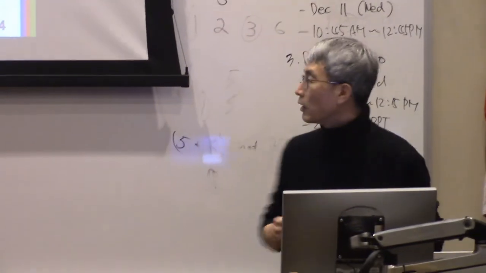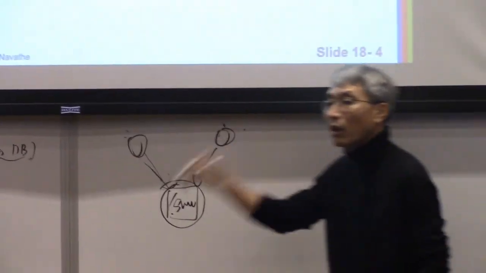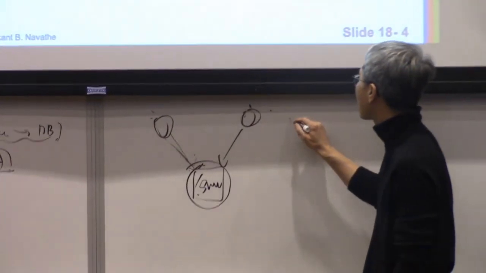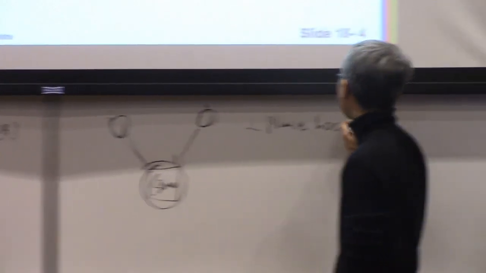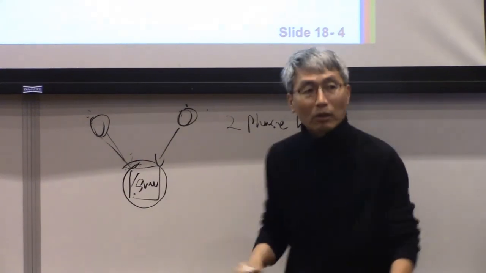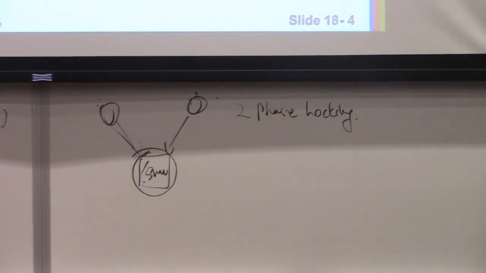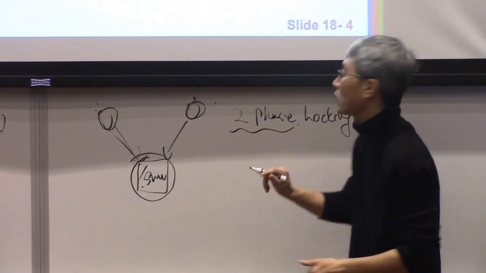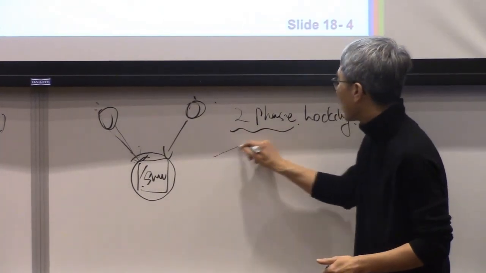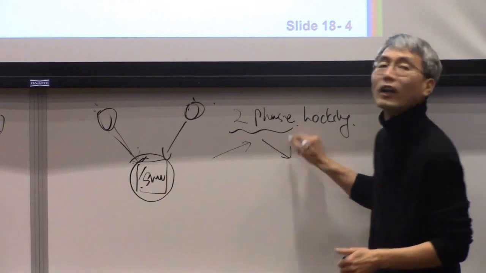Today we are going to see one such algorithm, two-phase locking. Two-phase locking is a simple and the most popular approach for concurrency control. As you can see, it has two phases: a lock phase and an unlock phase.